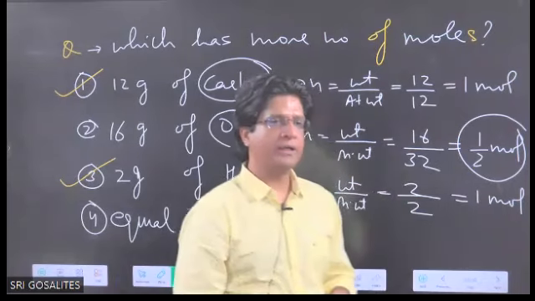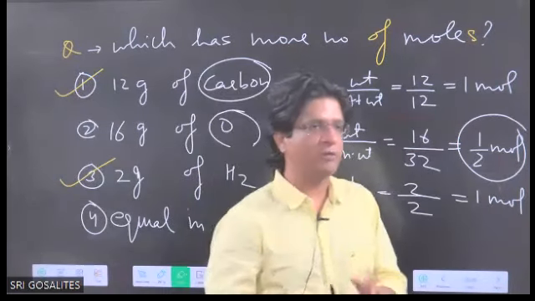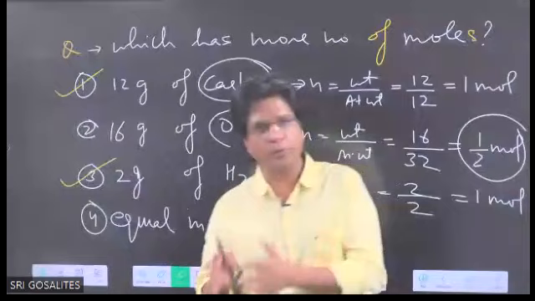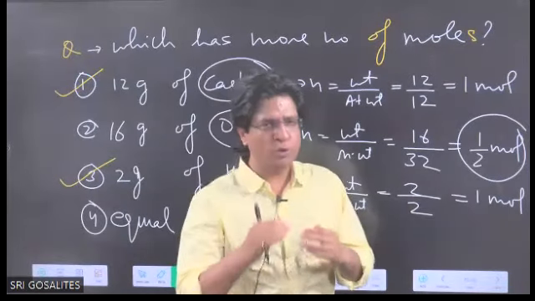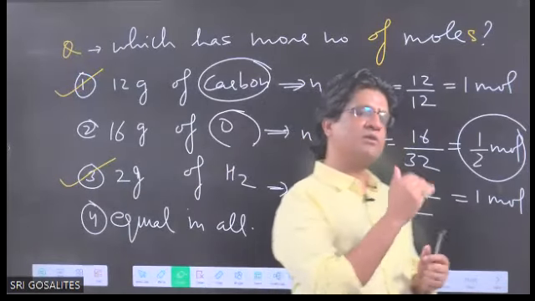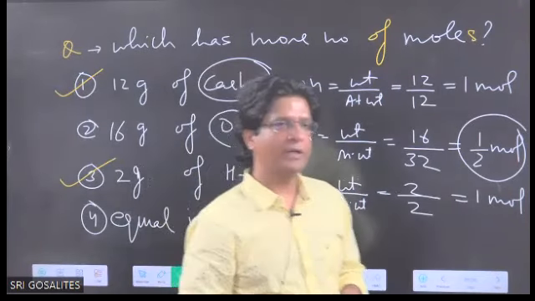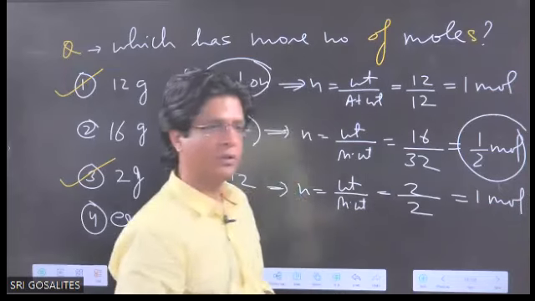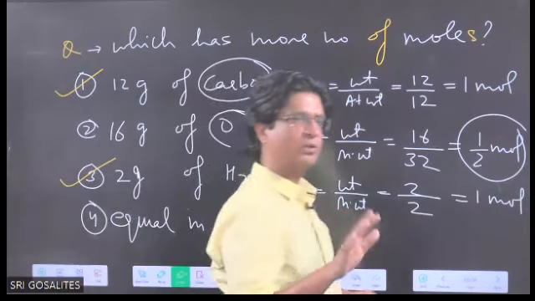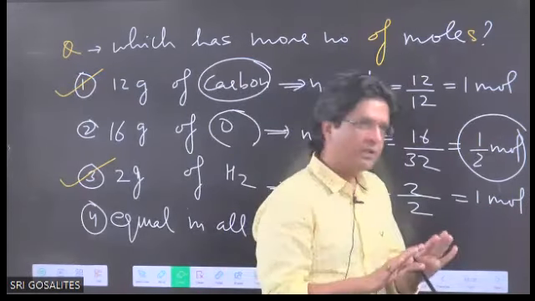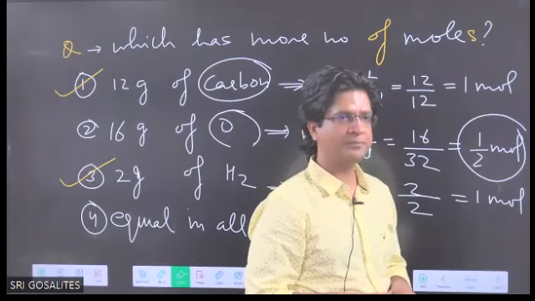Crystal clear. What is atomic weight? What is gram atomic weight? What is molecular weight? What is gram molecular weight? Slowly in each class, your concepts will become very, very clear. Why the molecular weight of O2 is 32, there are tricks also. We'll share them later on. But first, learn the concepts.